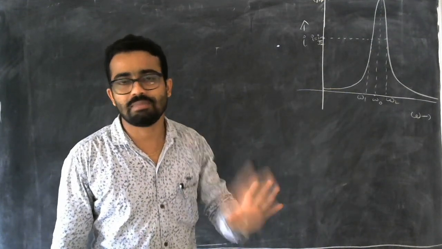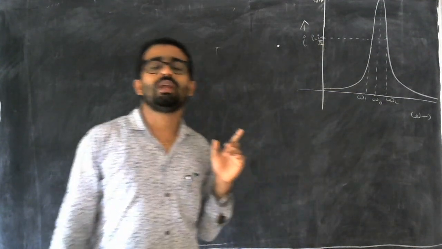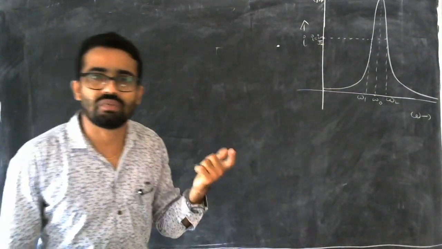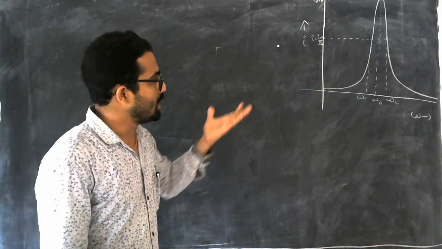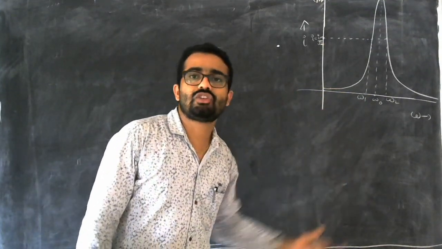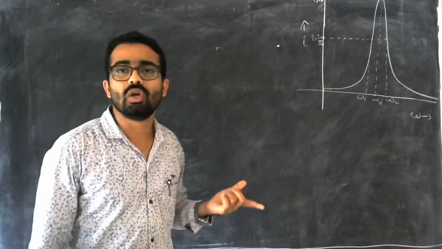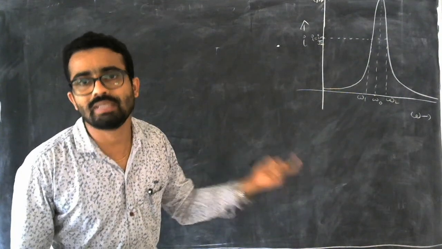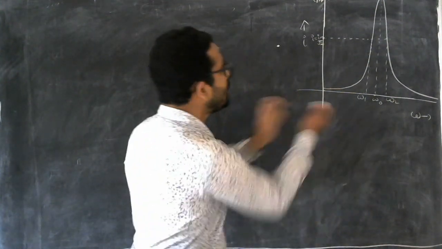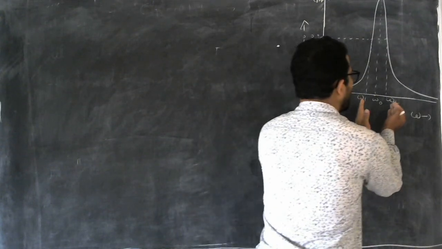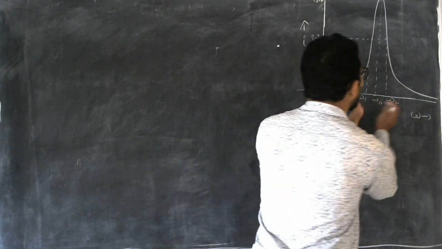So this is the concept. If you multiply the maximum current with 1 by root 2, we will get two values of frequencies, and those frequencies are called half power frequencies, because these are the frequencies at which the current is Im by root 2. If you look at this, these are the range of frequencies, the range from omega 1 to omega 2.